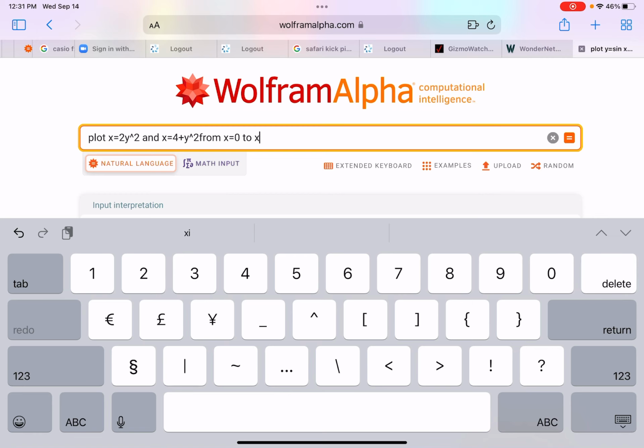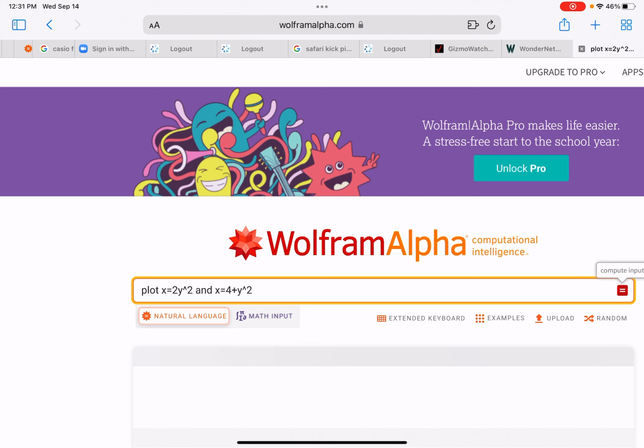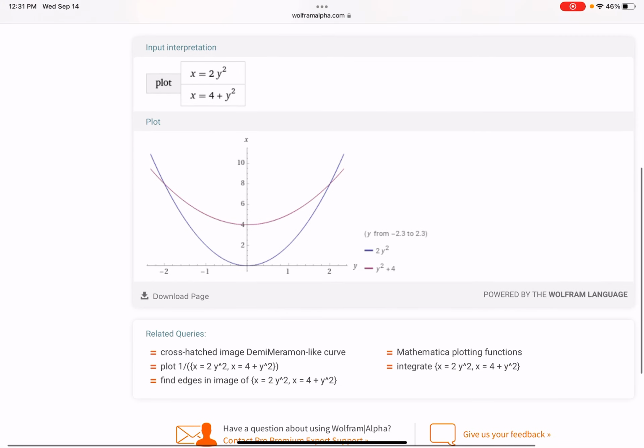And I'm going to get rid of the bounds. So those are my two functions, and let's see what happens. Okay, so what they did was they flipped the x's and y's for me. But that's not what I wanted, right? I wanted it in terms of x and y.